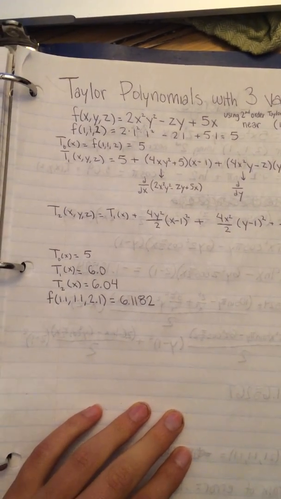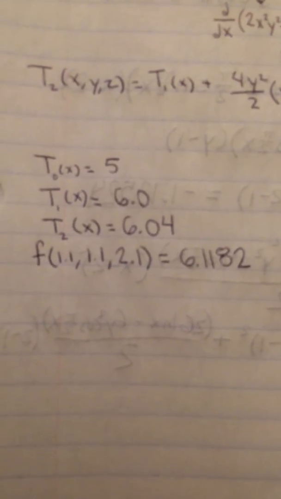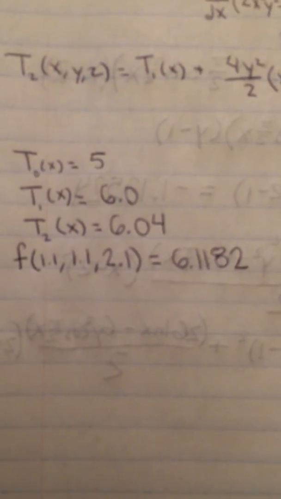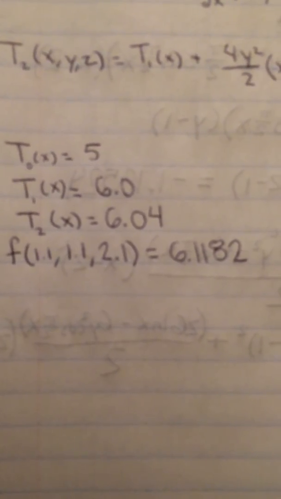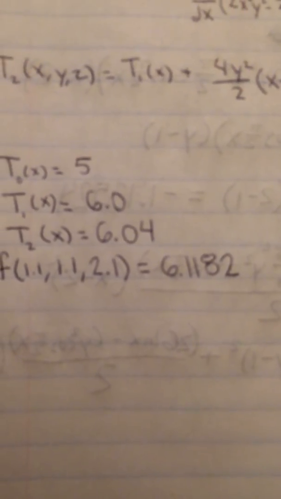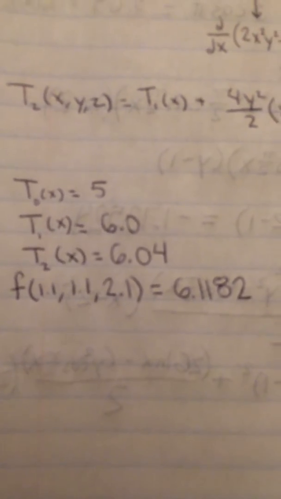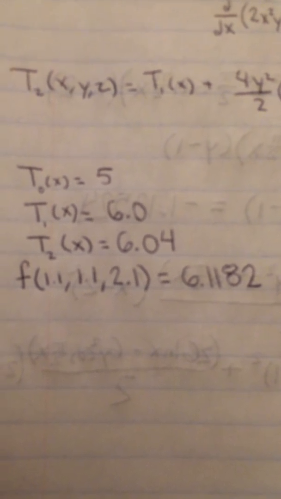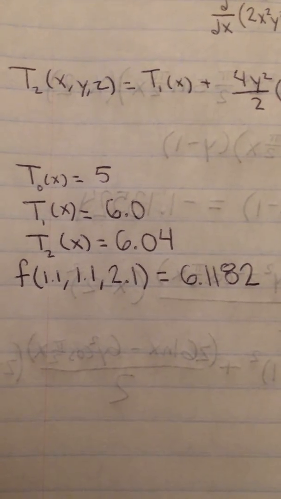And if you evaluate them at the point, you'll see that you keep getting more and more accurate as you keep adding, like second order, third order, fourth order, but we can't really go past the second order because we will run out of exponents.